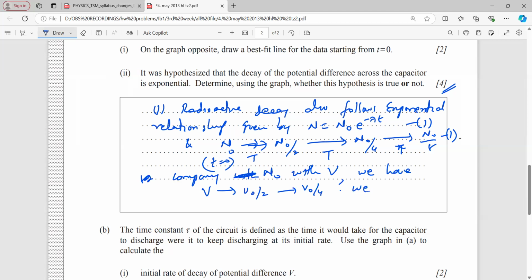And we need to prove that capital T is same for all decreases. So what did you do? You took the value of V. Now you need to show that. Okay. Further, this is for 1 more mark. Now you need to take up that value. Which value? The value that you have shown over here.